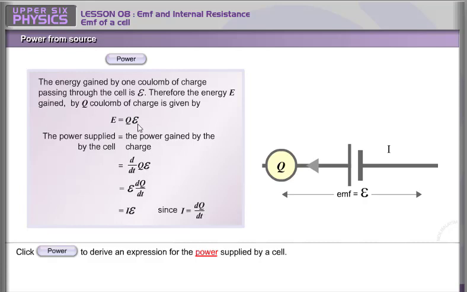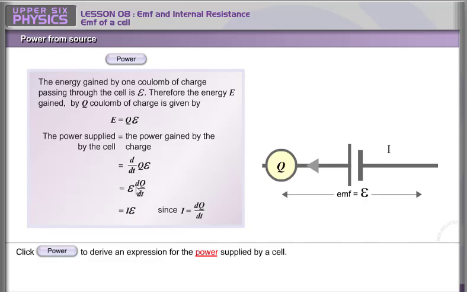Again, following the earlier equation, power equals dE over dt. The energy E here we replace with Q epsilon. Epsilon here is constant, so we can bring it out.